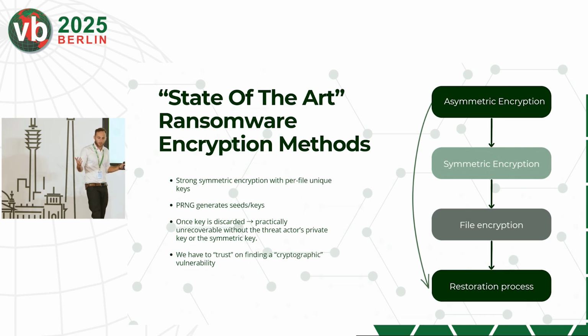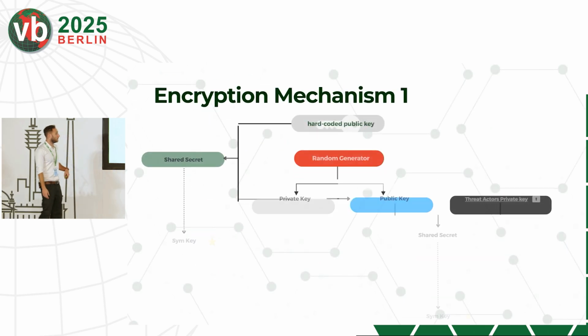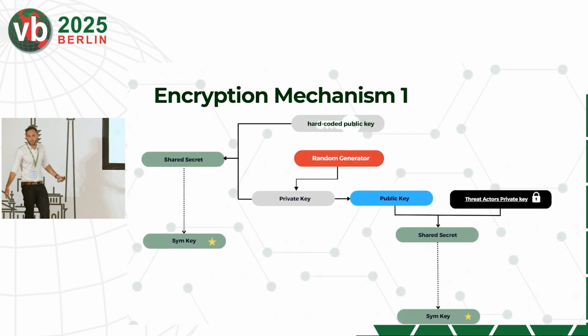We have to either trust on finding a cryptography vulnerability or a cryptographic usage vulnerability, because we have to either find the symmetric key or the asymmetric private key, which is not supposed to be part of the incident.